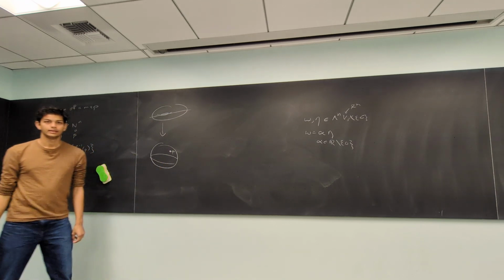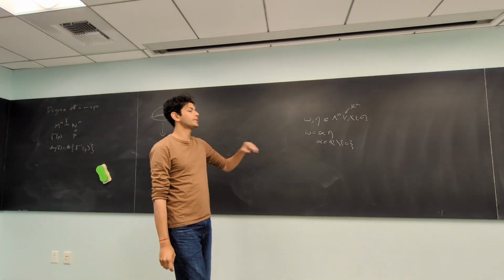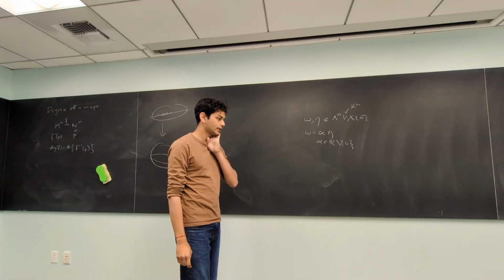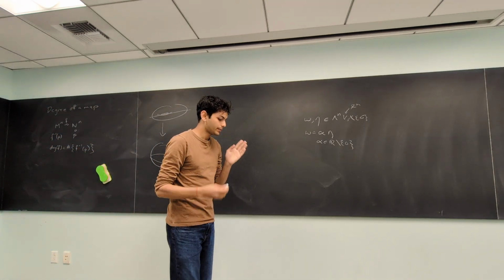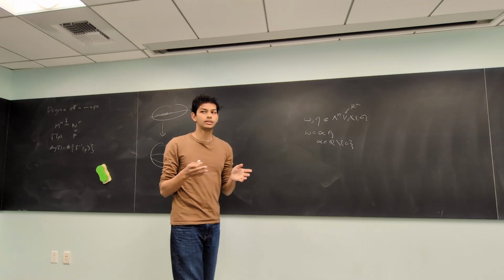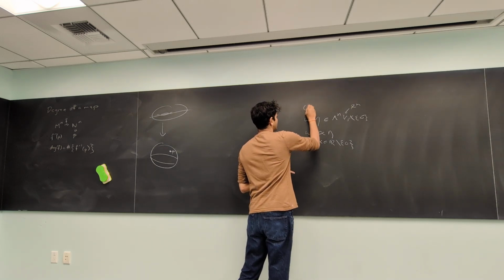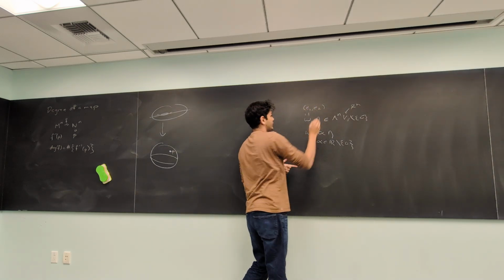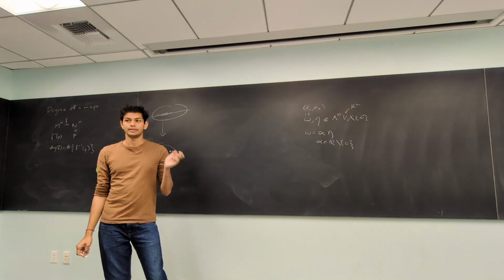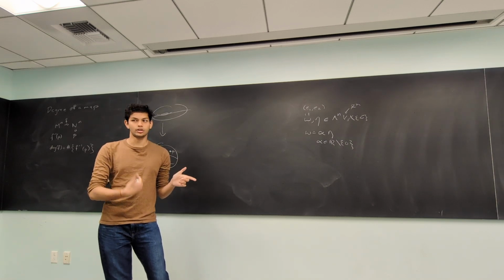If we describe an orientation this way, we have to pick one pair of vectors, say E1, E2. You say this is the one with this orientation, and this is the one with opposite orientation.